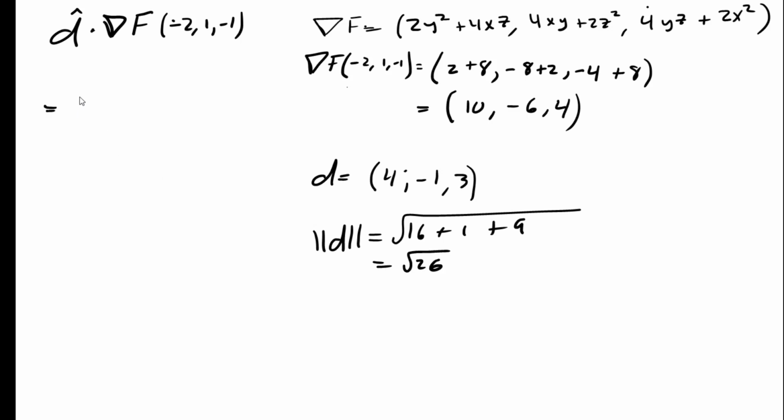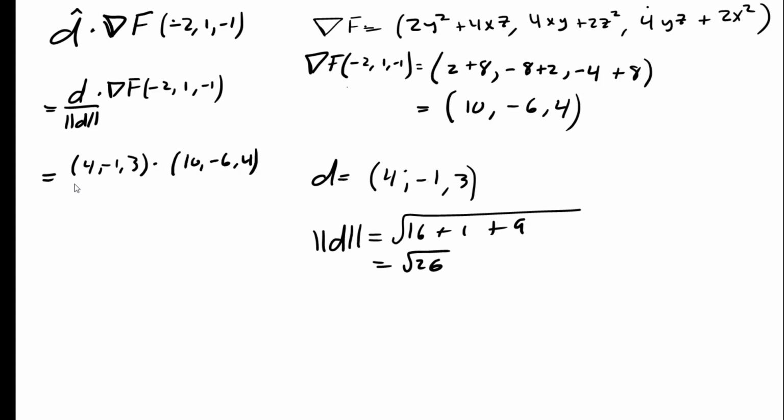So this is going to be the same as d over norm d, right? That's how we make a unit vector, dot product with gradient f at -2, 1, -1. So this becomes 4, -1, 3, dot product with 10, -6, 4, all divided by root 26.